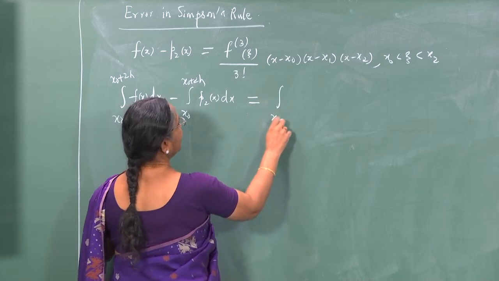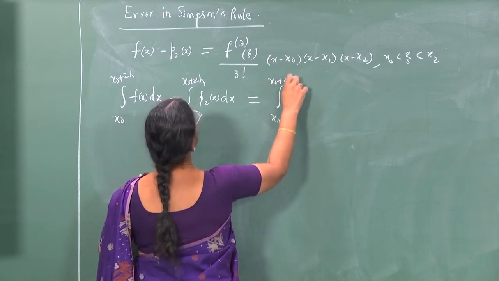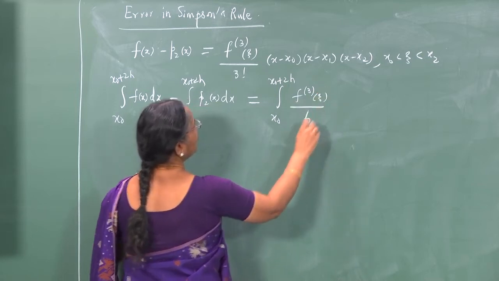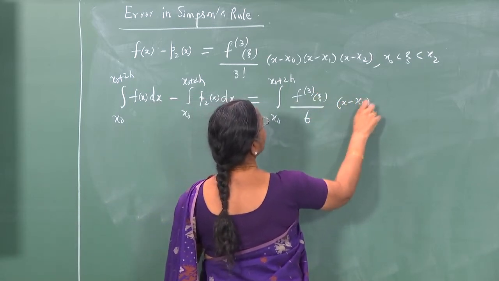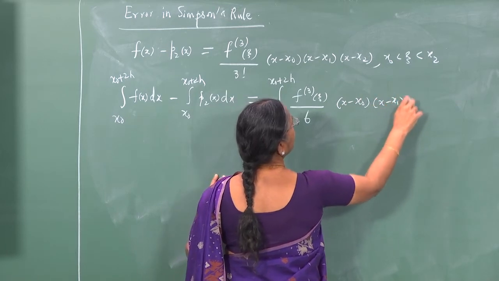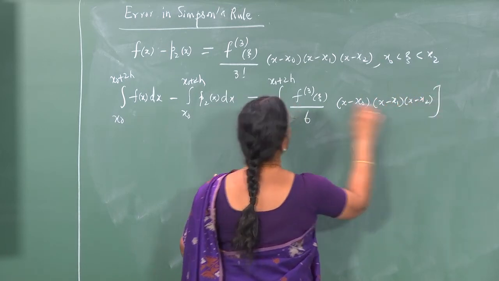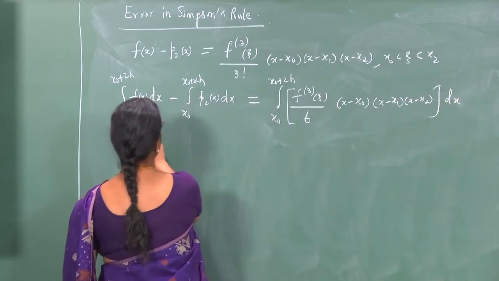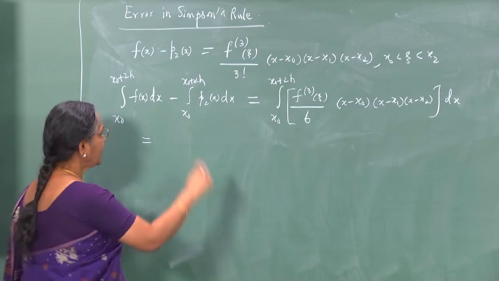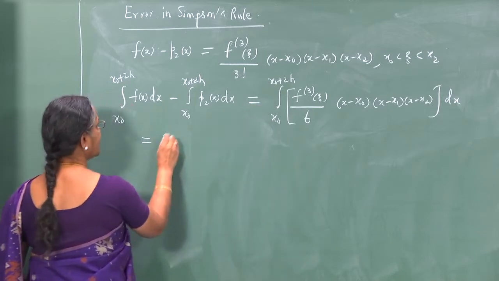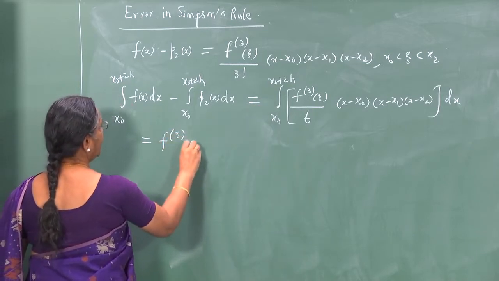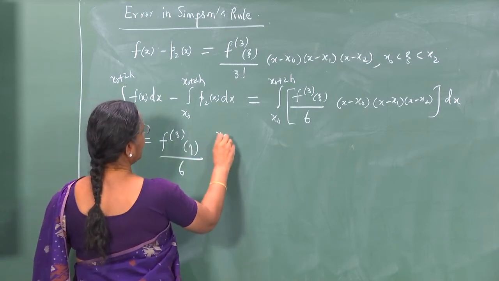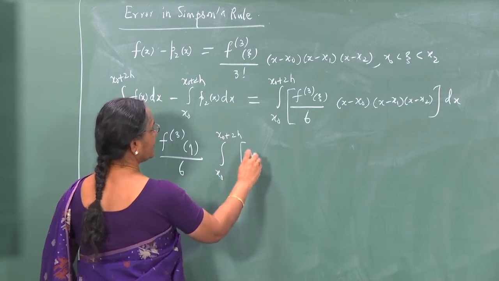That will be the integral from x0 to x0 plus 2h of the third derivative at psi by factorial 3 into (x minus x0)(x minus x1)(x minus x2) integrated with respect to x. So, again by using the mean value theorem for integrals, we have the third derivative at some eta by 6 into the integral from x0 to x0 plus 2h.